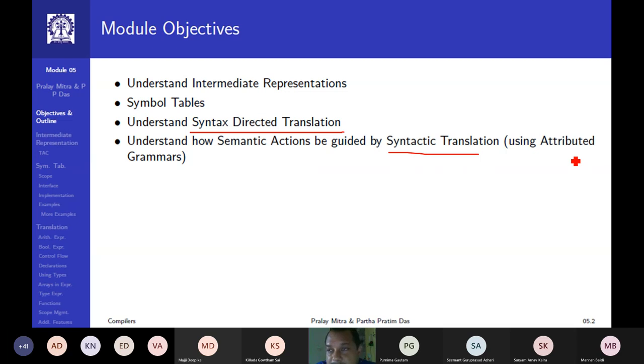Because you know that, say you are writing a C source program, the lexical analysis or the scanner divides the source program into tokens. Then the token string goes to the parser, but the token string doesn't contain any meaning.